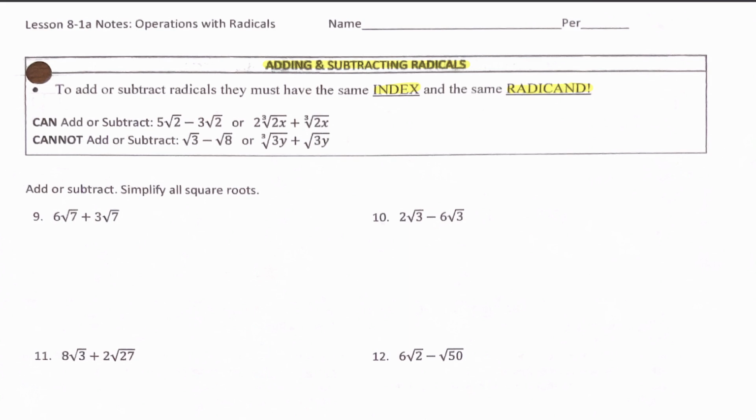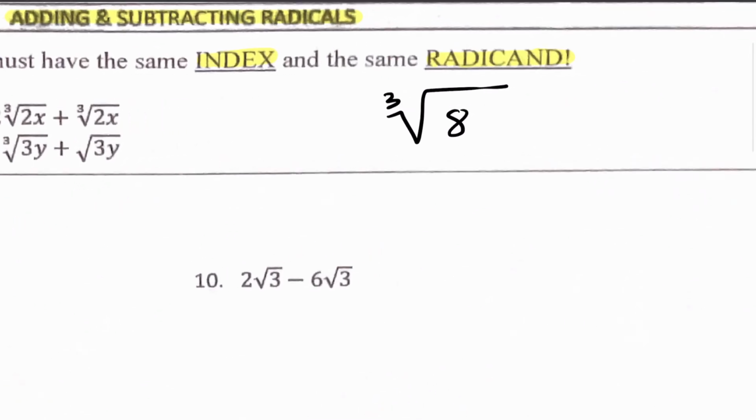So if I were to give you an example, we see a 3, we see a radical, and we have a number under the radical, which is 8. One thing to note, this floating number here is what we call the index. And this number under the radical is what we call the radicand.